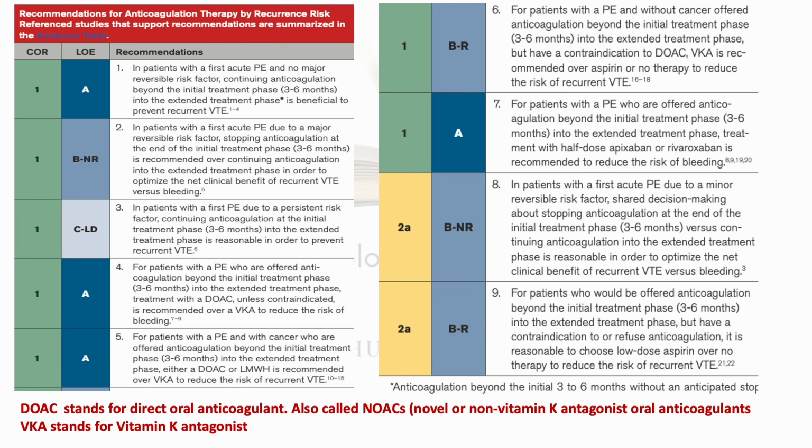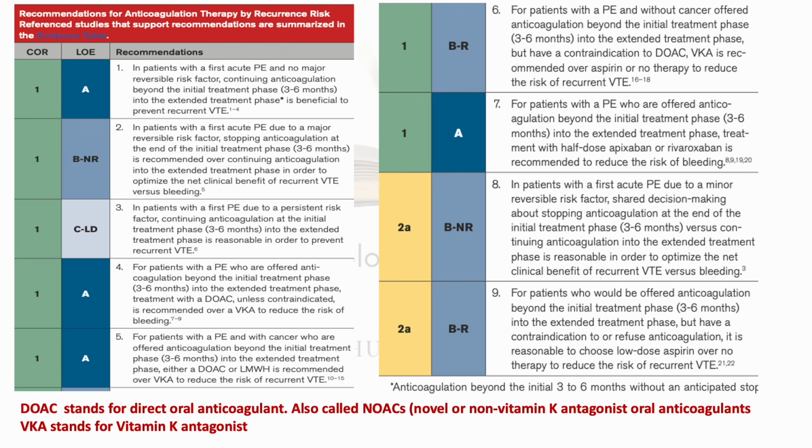And those who are offered extended phase but they have a contraindication or they don't want to take anticoagulation, then only in that case you can choose a low dose aspirin over no therapy.